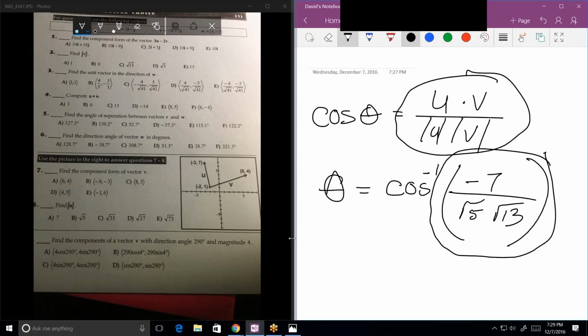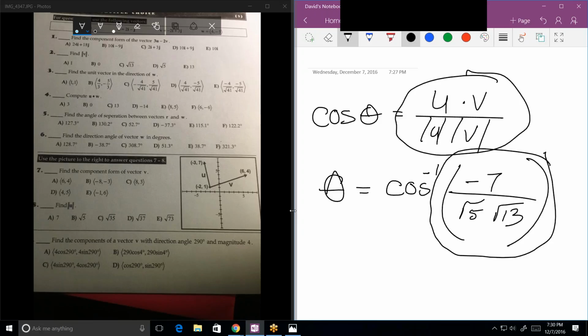Make sure I got 150? 150? Wait, what? 150 degrees? Yeah, but that's not one of the answers. No, but it's 30 degrees. Also, you're always supposed to use the acute angle. That's not one of the answers either.